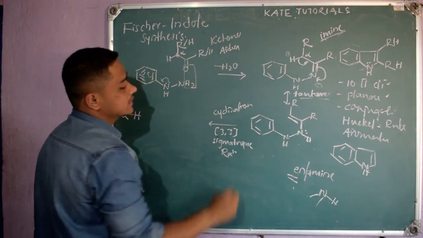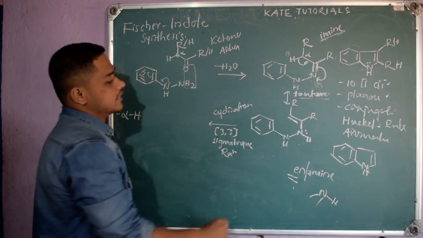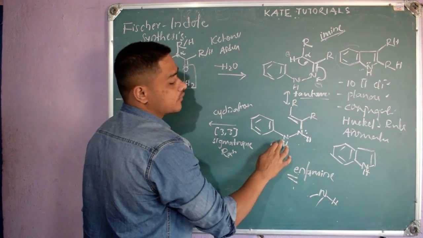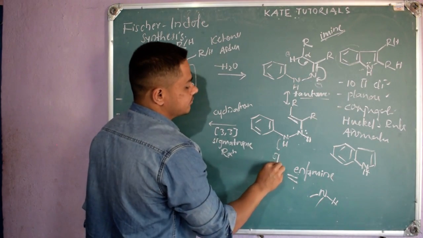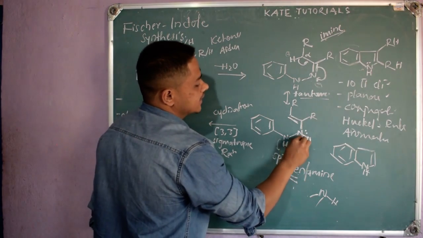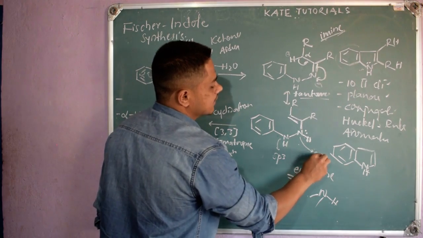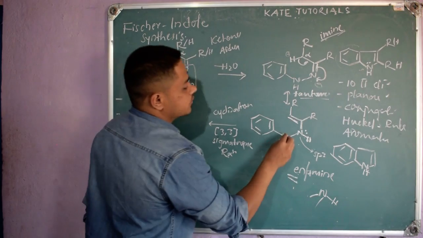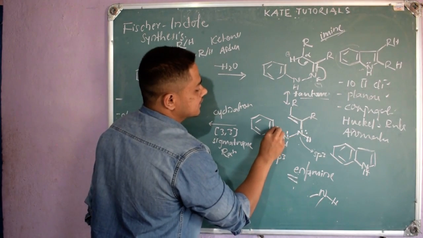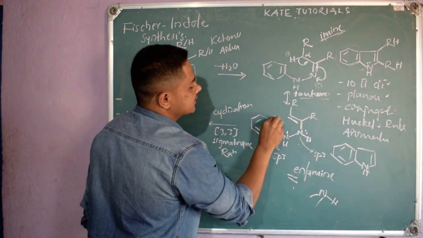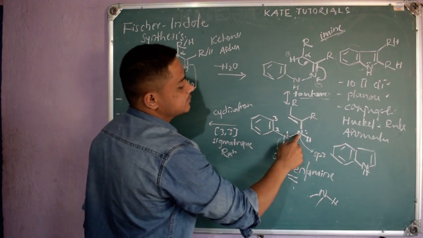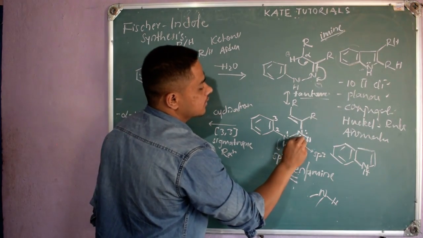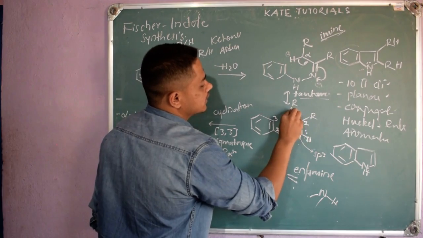What is this 3,3 sigmatropic reaction? See, the hybridization of this nitrogen is sp3, and of this other nitrogen it is again sp3. So the sp3 nitrogen or carbon will be number 1, the next is 2, and this is 3. Similarly, this is sp3, so it should be number 1, next to it 2, next to it 3.